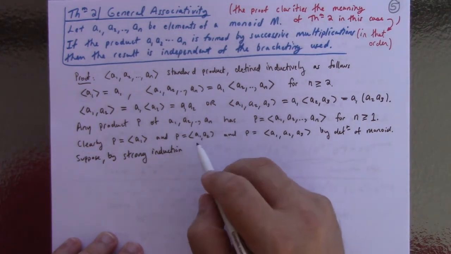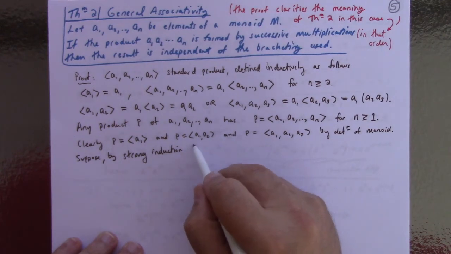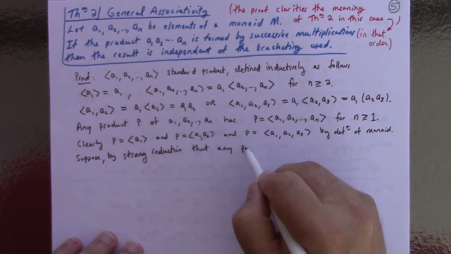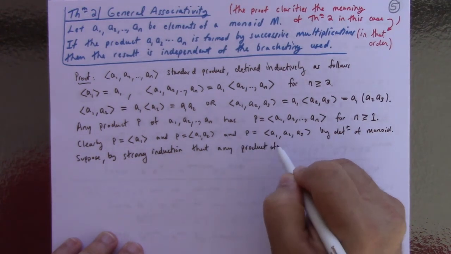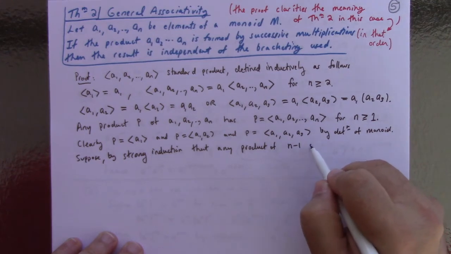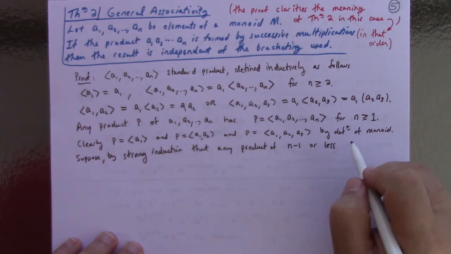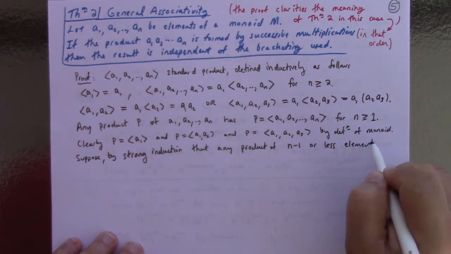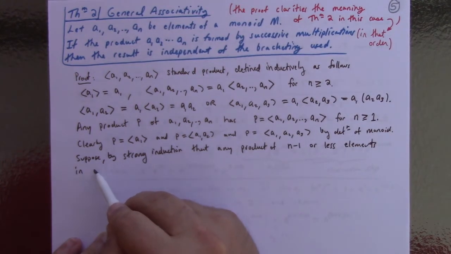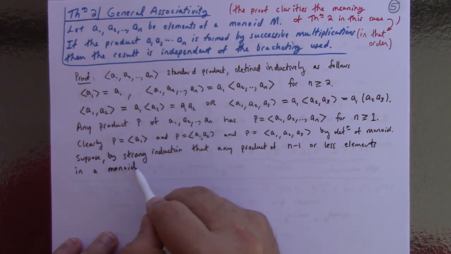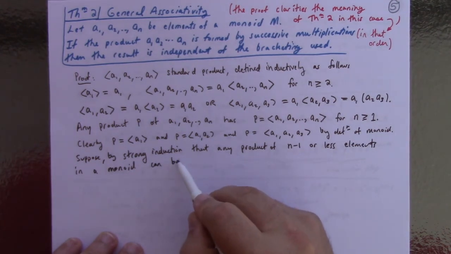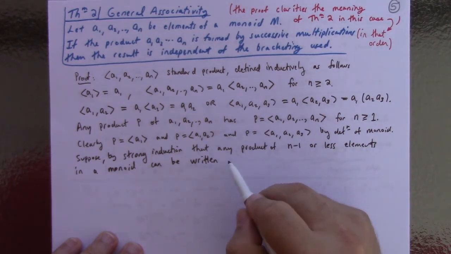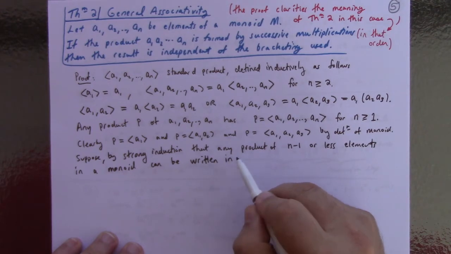By strong induction, the induction hypothesis: suppose any product of n minus 1 or fewer elements in a monoid can be written in the standard bracketing.